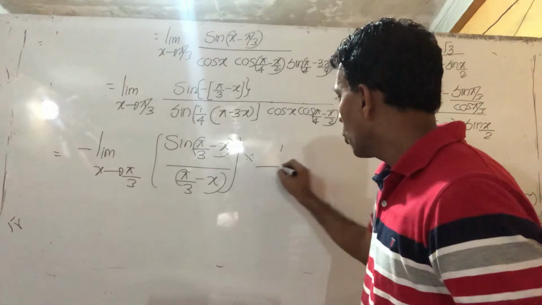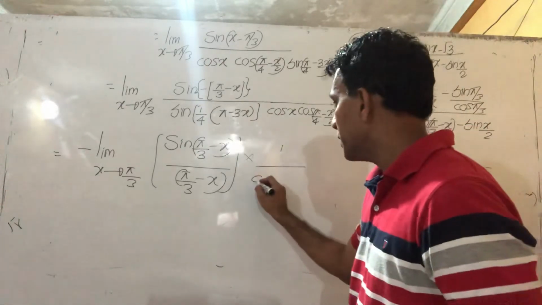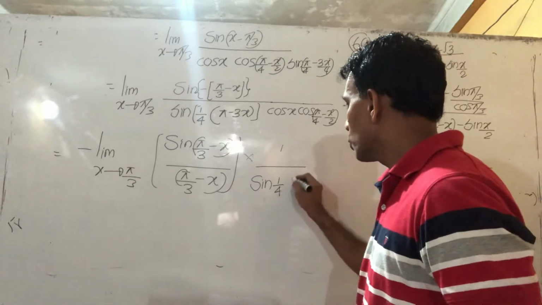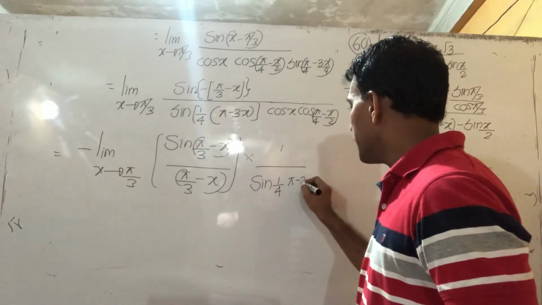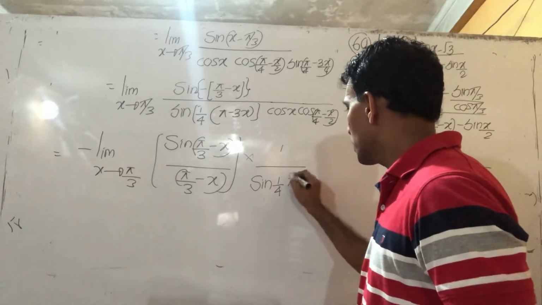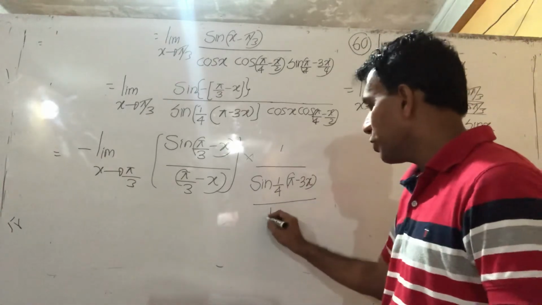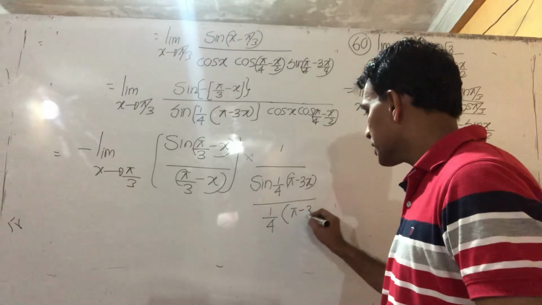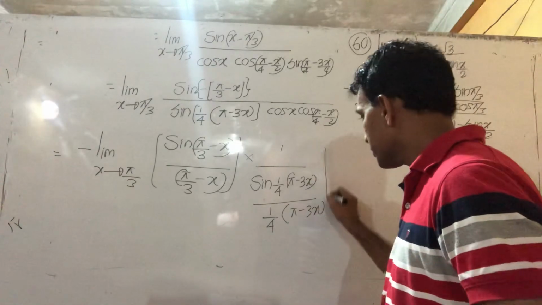So, 1/4 into pi minus 3x, then over 1/4 into pi minus 3x, okay?